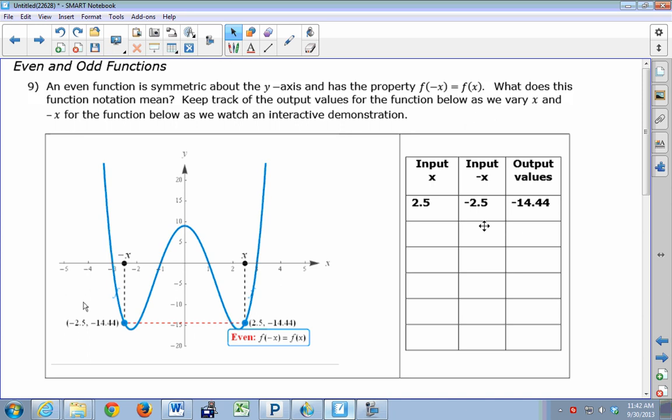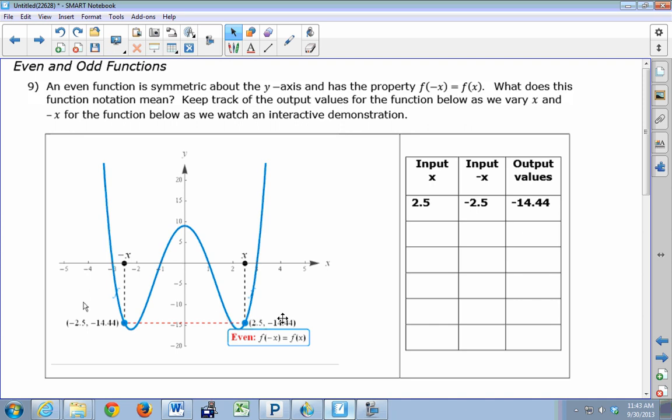So what that means is if you took this piece of paper and put a crease right down along the y-axis, any point to the right of 0, if you go to its opposite on the left of 0 and fold this across the y-axis, they would be at exactly the same height, the same y value above or below the x-axis. Mathematically, how we write that is if you input x and you input its opposite, their output values are exactly the same.